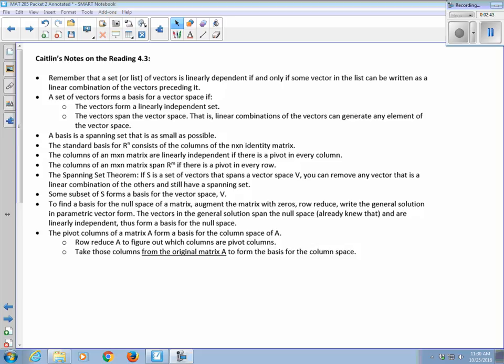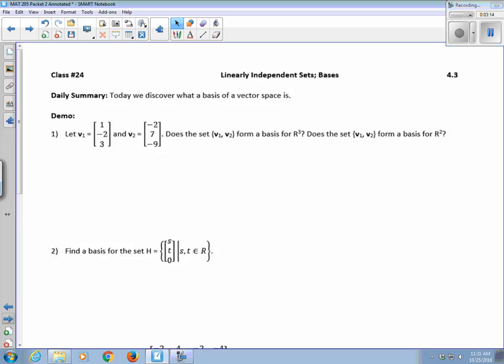So in order to pull out the redundant columns, you row reduce the matrix A, figure out which are the pivot columns, and those are the columns you keep in your spanning set. Okay, so you only want the pivot columns. Note that the pivot columns in the row reduced matrix tell you which columns from the original matrix to use. We'll do an example. Too many words there.